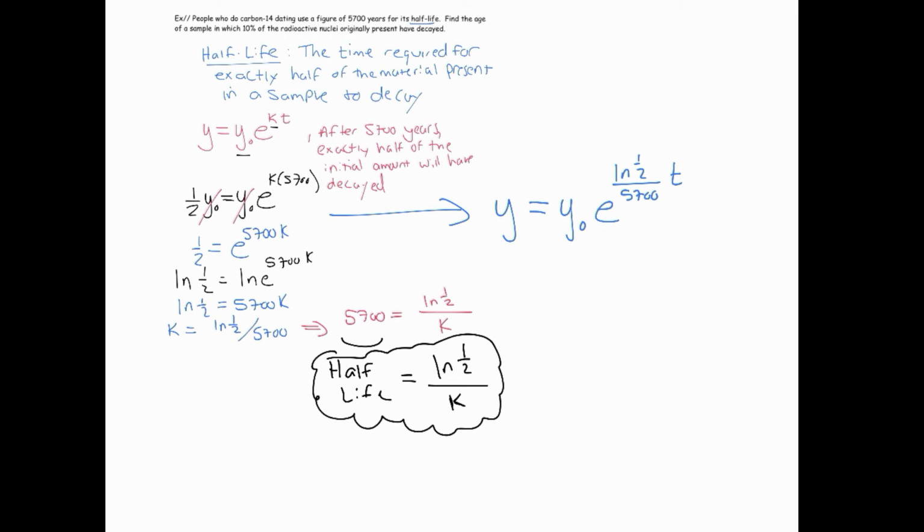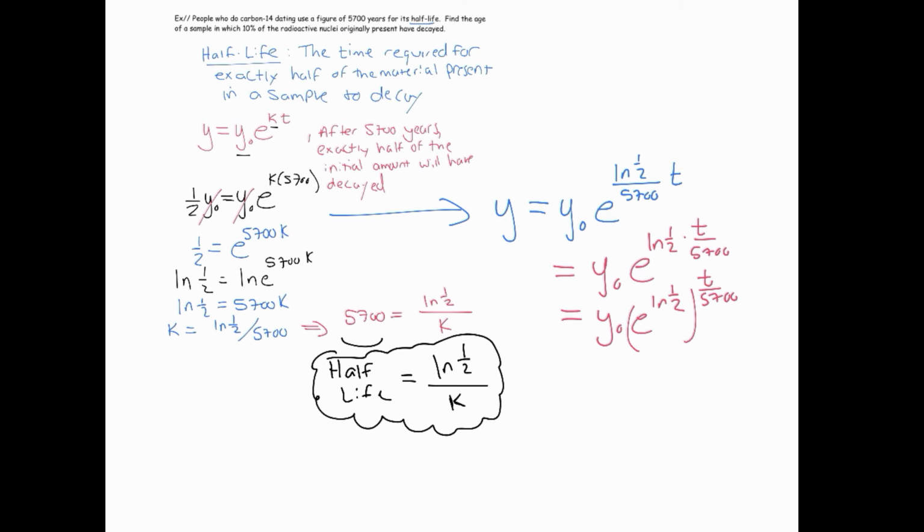And you'll note that we use the base e, but if you use a little property of exponents and logs, you can write this as y naught e to the ln of 1/2 times t over 5700, which is equal to y naught times e to the ln of 1/2, to the t over 5700.